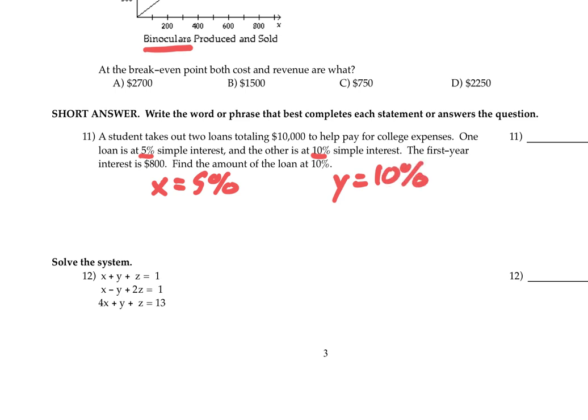The one we did yesterday had three variables in it. We're going to have one here in just a second that'll have three variables as well. But this one's just two variables. So that means we only have two equations. If we have two variables, we only have two equations. If we had three variables, we'd have three equations.